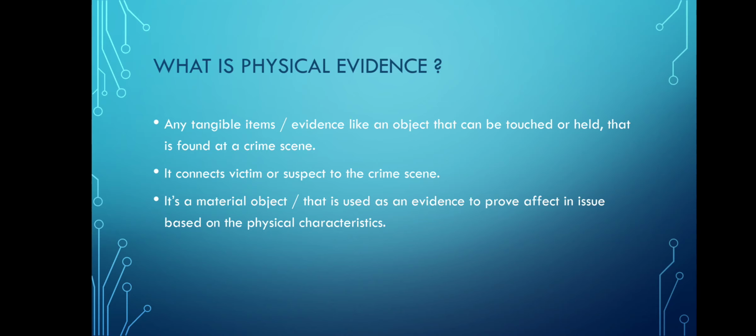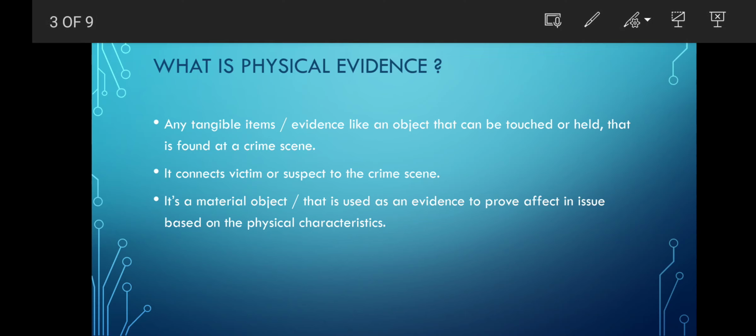It will have some physical properties. It connects the victim or the suspect to the crime scene, showing that there was the presence of this person at that place at that particular time.